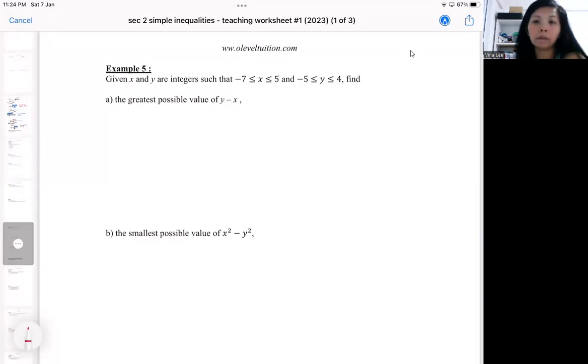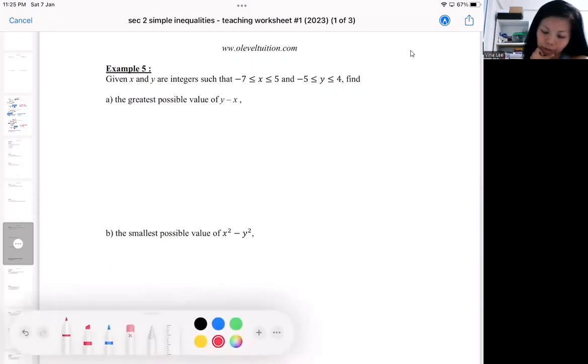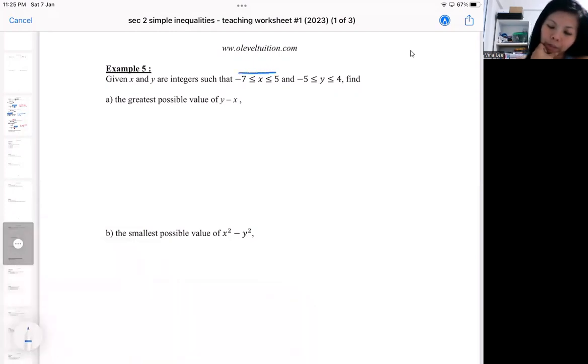Okay, so for this category of question, it's also under inequality because there's a range of valid x and y. But it involves a bit of trial and error for you to answer such a question. Like for example here, they will usually give you the possible answers for x.